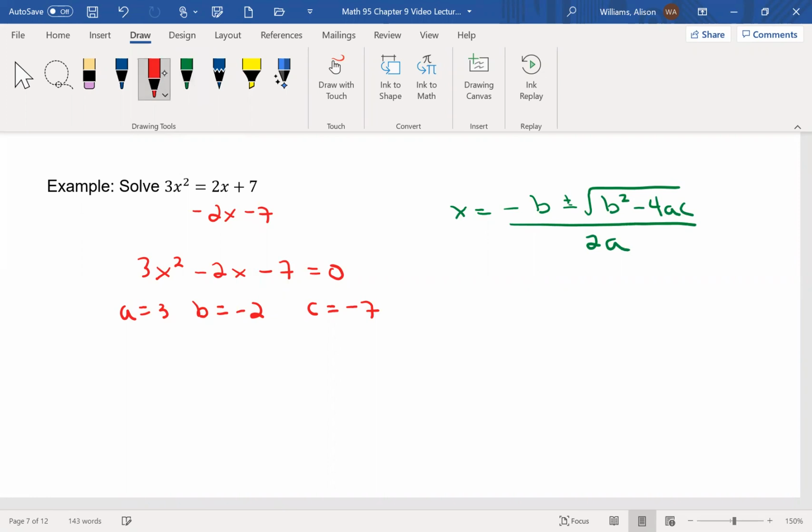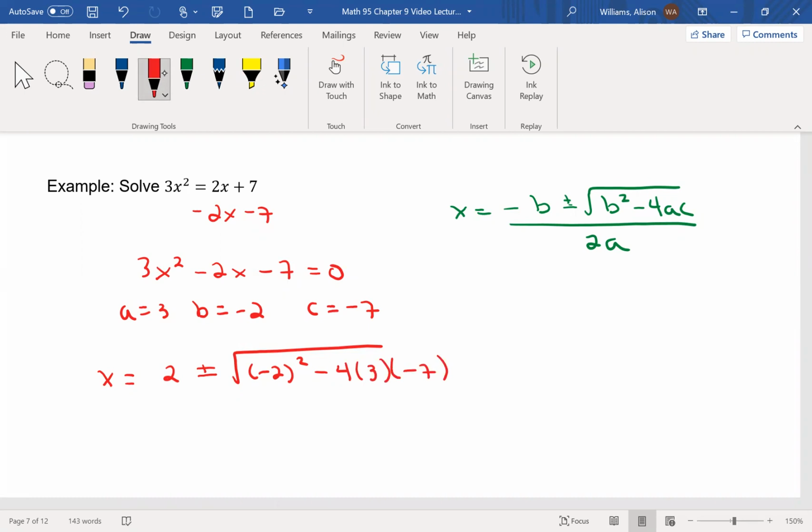All right. So now we'll go ahead and plug in negative b, so because b is negative 2, negative b is going to become a positive 2. I said that very funny. Plus or minus the square root of b squared, which is negative 2 squared, minus 4 times 3 times negative 7.